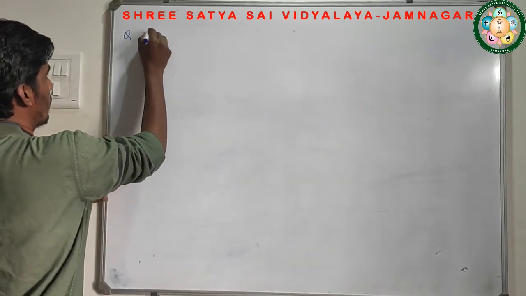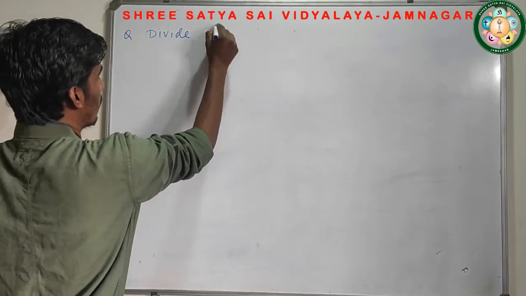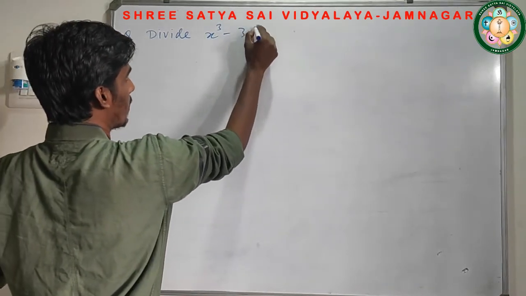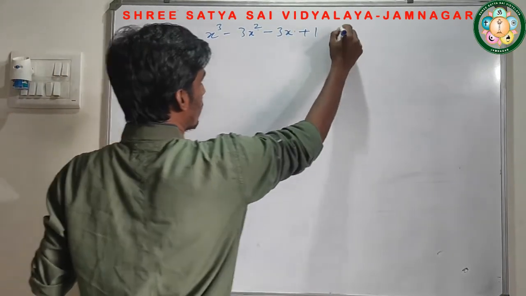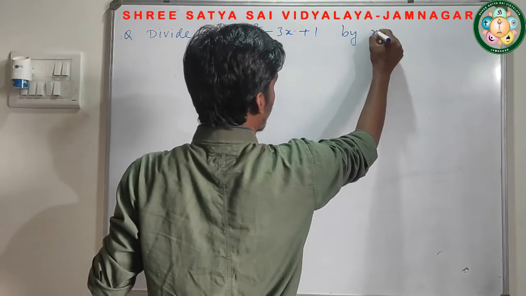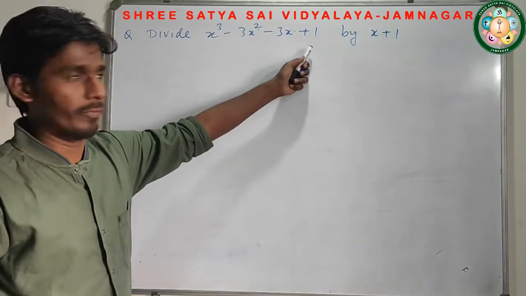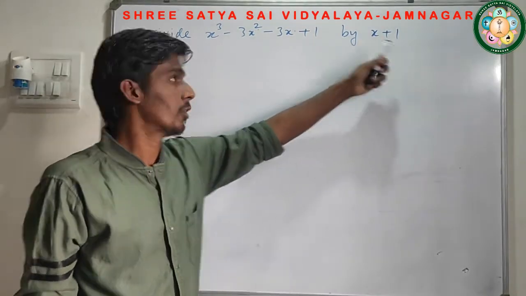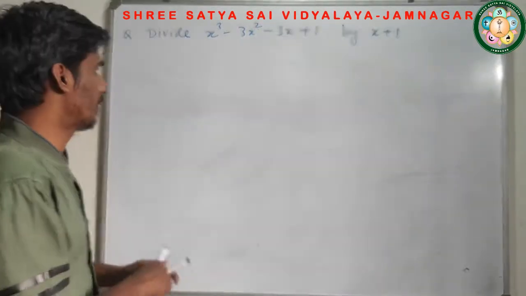Question: divide x cube minus 3x square minus 3x plus 1 by x plus 1. Now here this is the dividend, and this is the divisor. You have to divide this dividend by the divisor x plus 1.